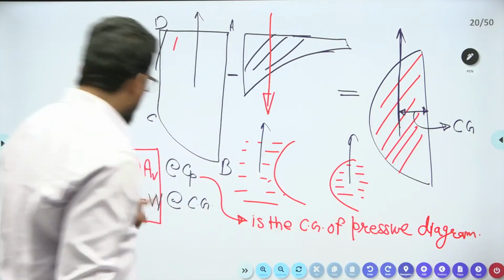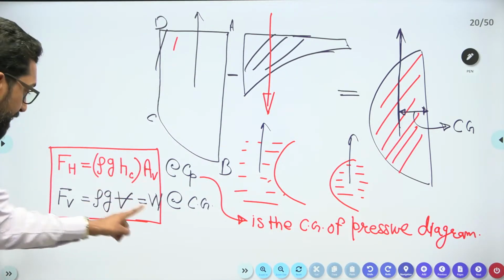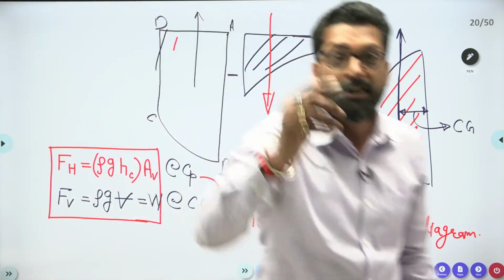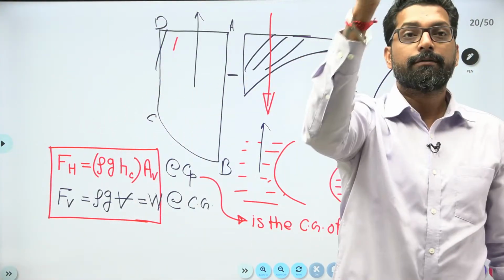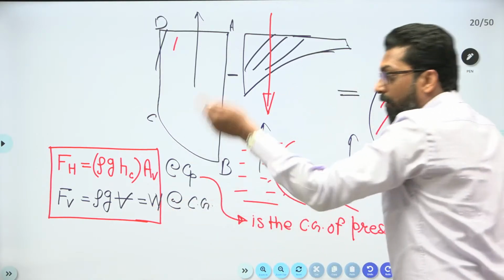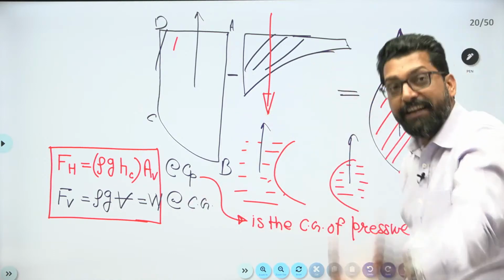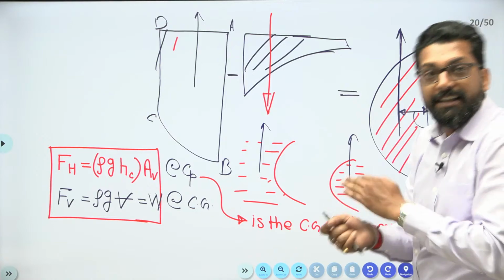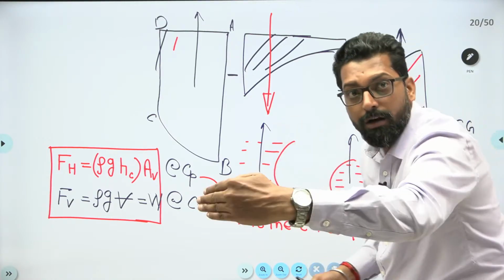So don't get confused: the vertical force is passing through the CG. The vertical force is nothing but the weight of the fluid content displaced.